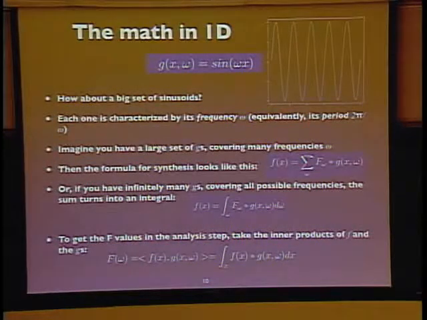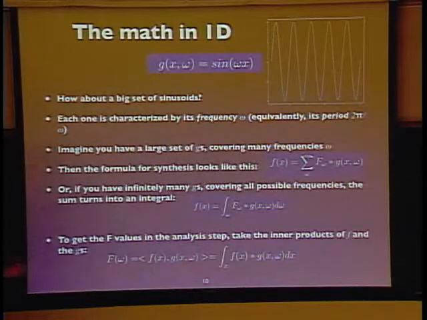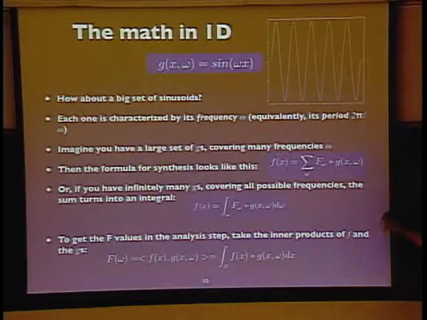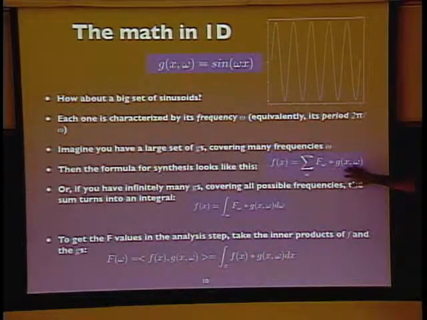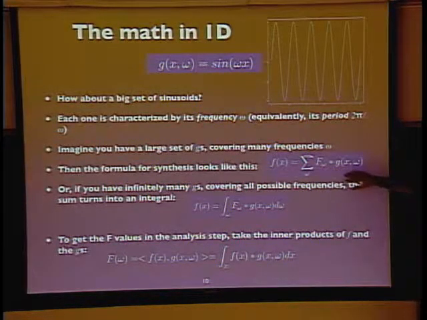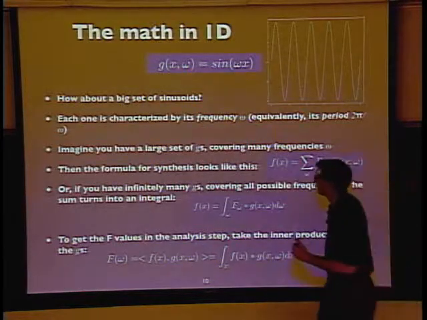And then if you have a large set of these covering many, many different frequencies, then the formula for synthesizing the imaging data back from the original sinusoidal functions is this. So if you have a large set of these frequencies, you can just add all of the contributions of them together to get back the original image.